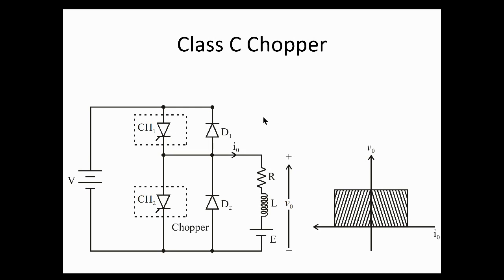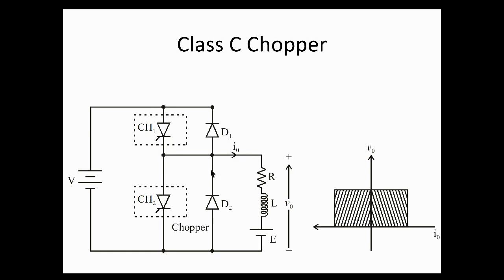So when chopper one is on, it can create a short circuit. So diode one will be out of the picture, and the current flows. There would be an open circuit at chopper two, so the current will go right to the load and back, thus creating a positive current and voltage.